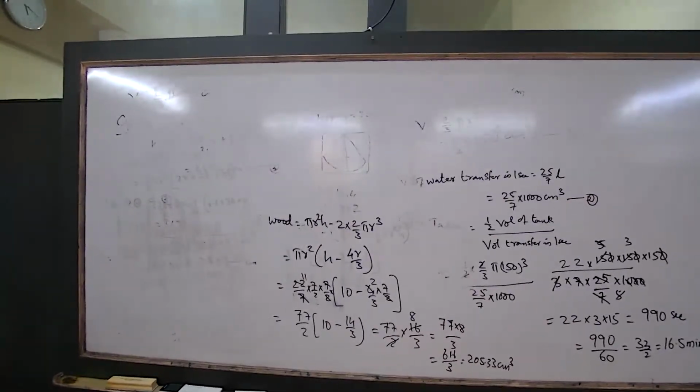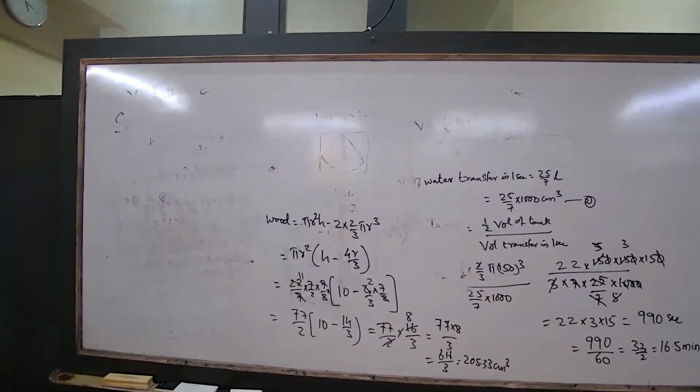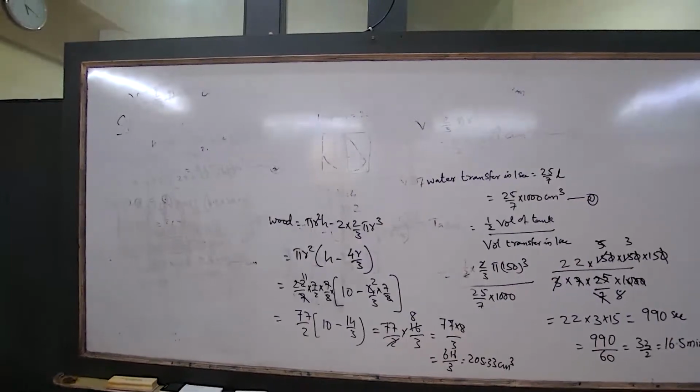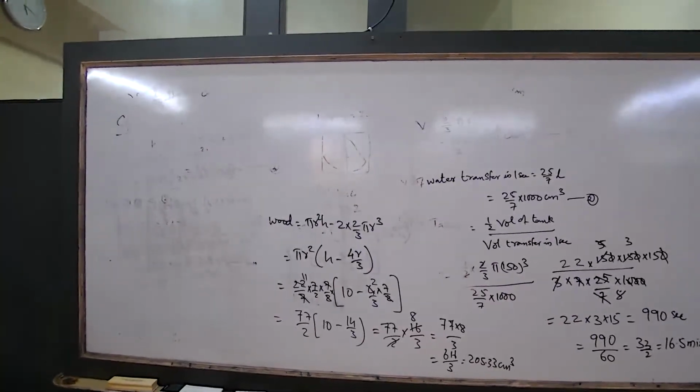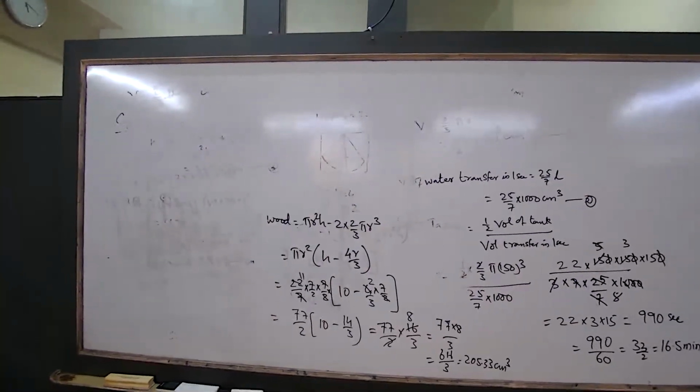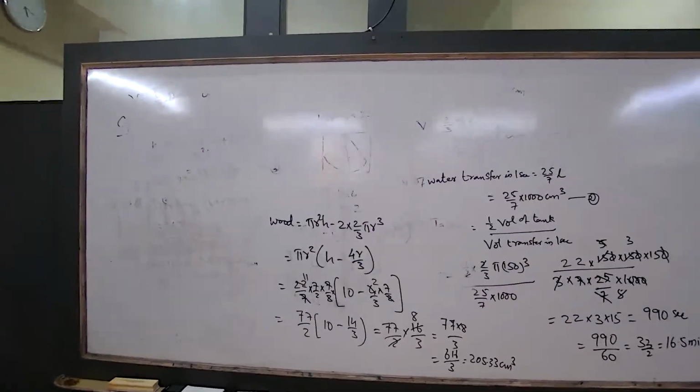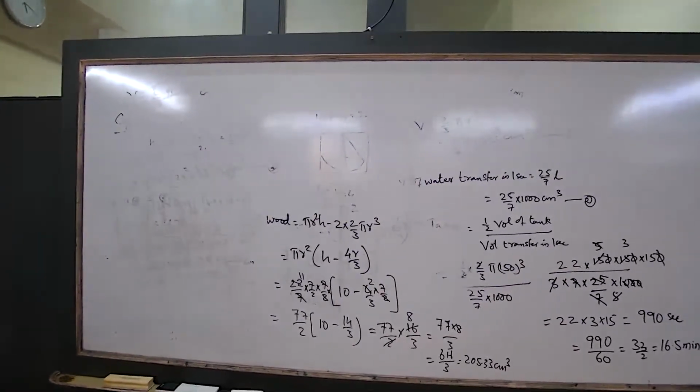Now, for the container, R is equal to, how much is R? 6 centimeter. H is equal to 15 centimeter.